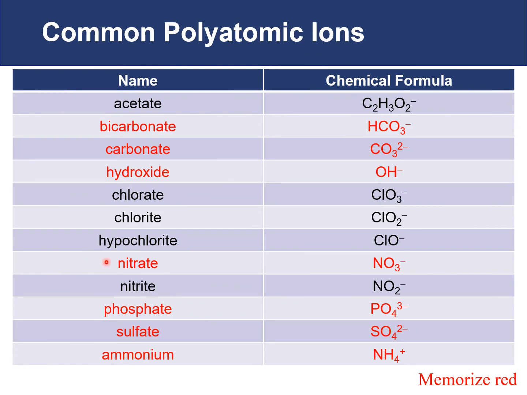We have nitrate, which is more common than nitrite, but if you know nitrate, then you can figure out nitrite based on what we said on the previous slide. We have phosphate, sulfate, and sort of an odd one out is the ammonium ion. This is actually a cation, whereas the others are anions.